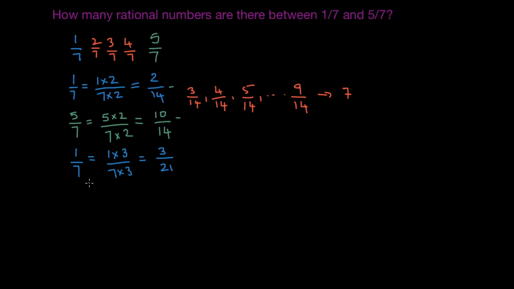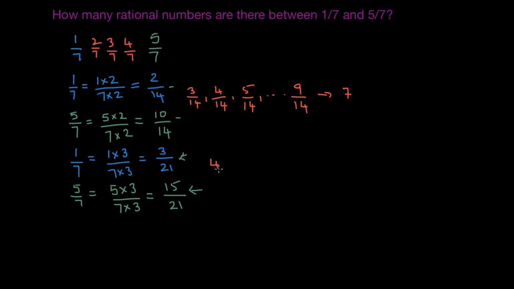And what is 5 by 7? 5 by 7 can be written as 5 times 3 divided by 7 times 3. And that is equal to 5 times 3 is 15, 7 times 3 is 21. Now if you look at these two numbers, how many numbers can I find between the two of them?